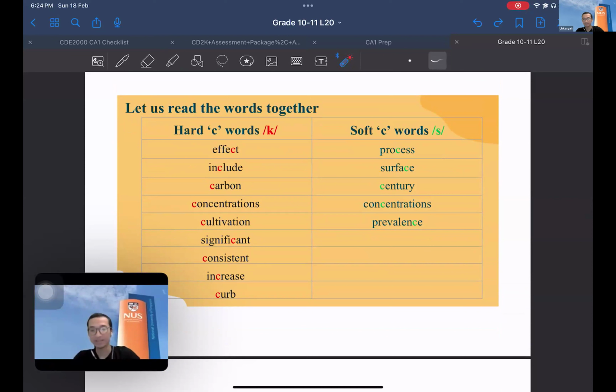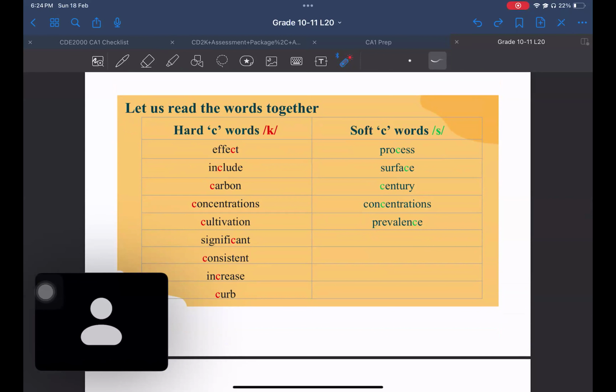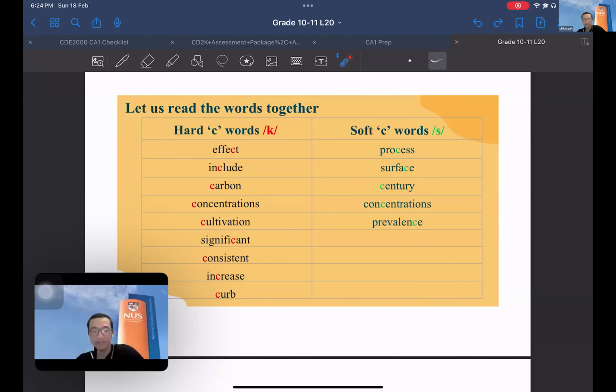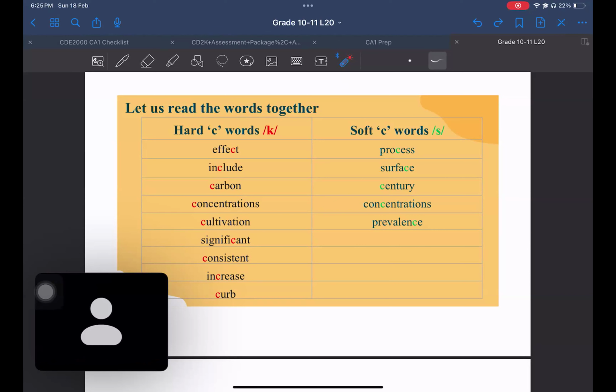Prevalence basically just means something that is very common, something that is very ubiquitous, in large quantities in the world. So what's the meaning of prevalence? Common.